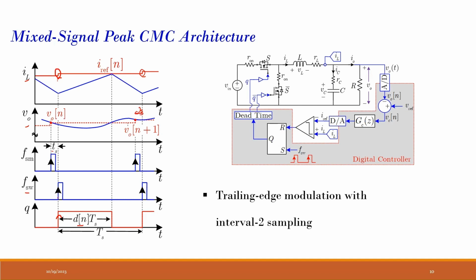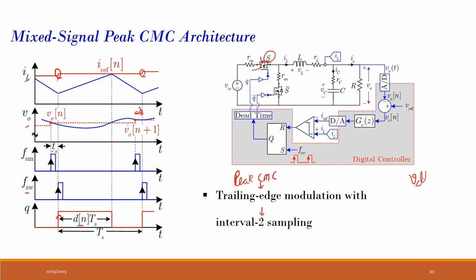So it is again trailing edge modulation, and here again it is interval 2 sampling, because I'm taking the sample over here when the switch is off. When this switch is off, that time I am taking the sample, and so it is a case of interval 2 sampling. So one good way to remember is for peak current mode control, it will be trailing edge modulation and interval 2 sampling.